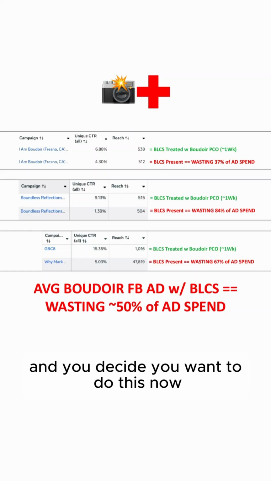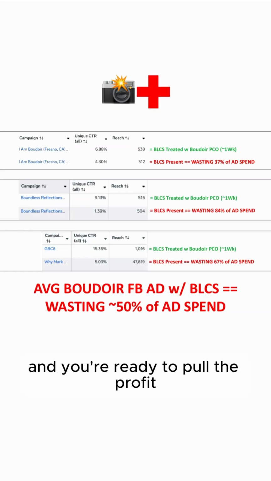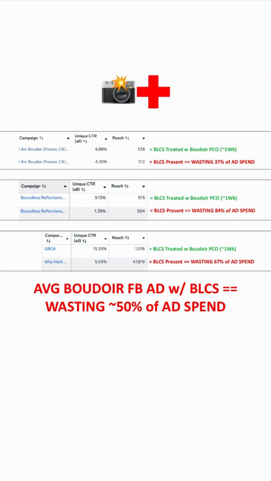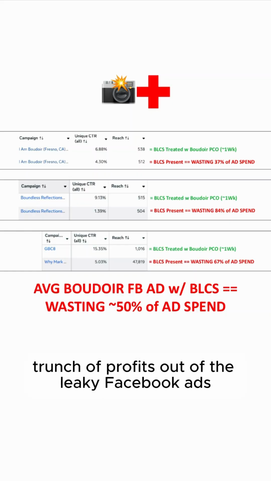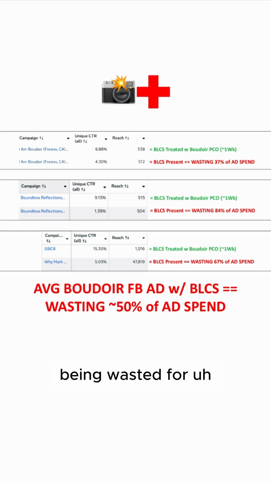And you decide you want to do this now because you've optimized other parts of your business and you're ready to pull the next tranche of profits out of the leaky Facebook ads, where we're paying like half to Zuck every month, being wasted for no reason.